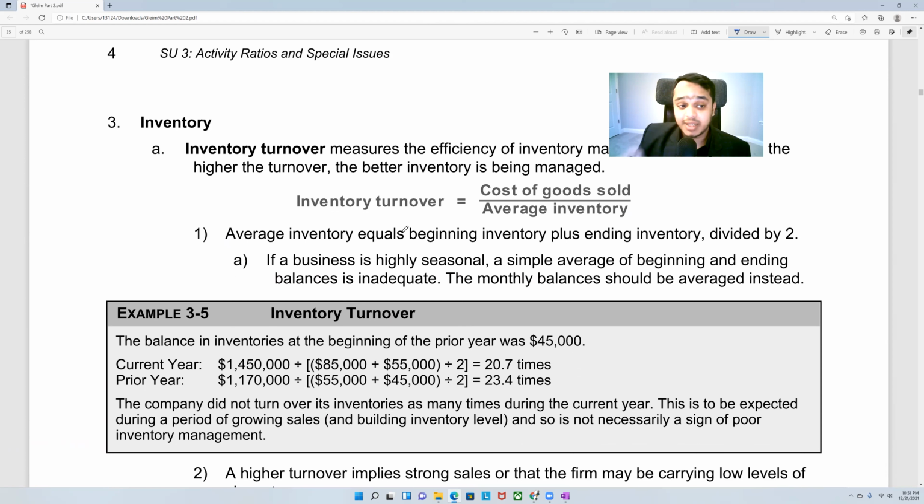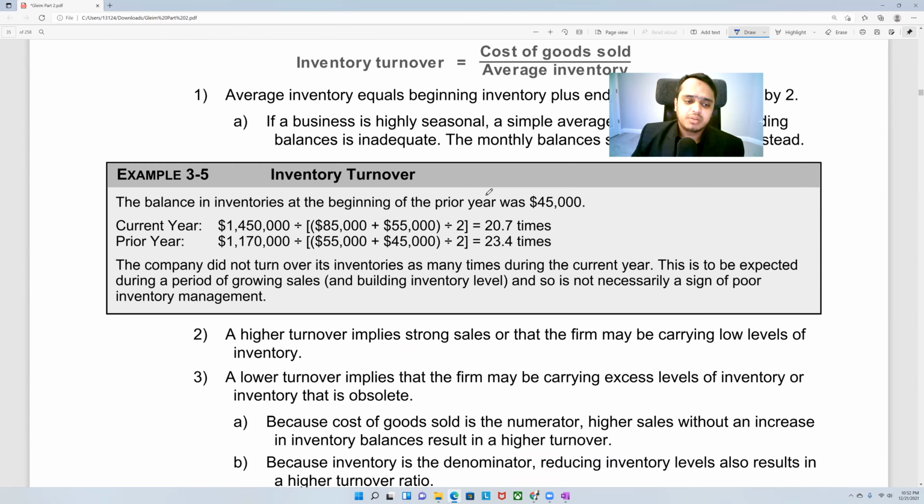Now comes your inventory turnover ratio. How do we calculate inventory turnover? It is nothing but cost of goods sold divided by average inventory. What is average inventory? Opening inventory plus closing inventory divided by 2. So it is COGS divided by average inventory.